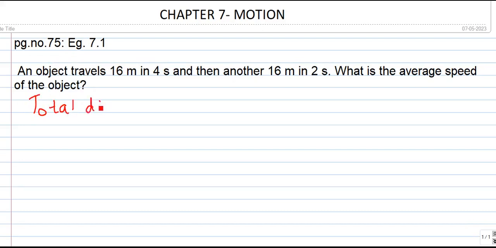Total distance is equal to the first 16 meters plus the second 16 meters. So this will give us 32 meters. Next we should know the total time taken.